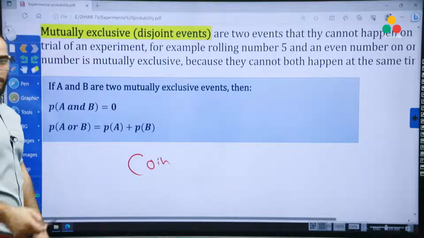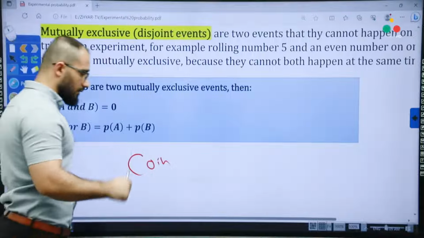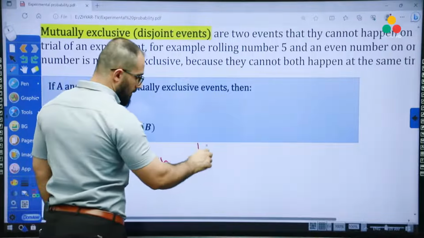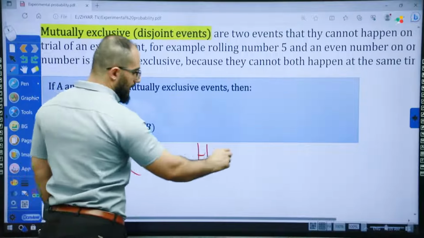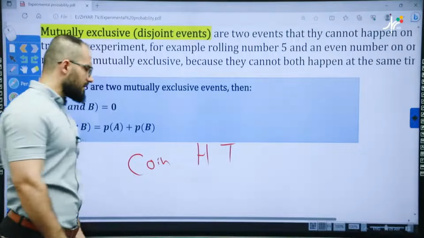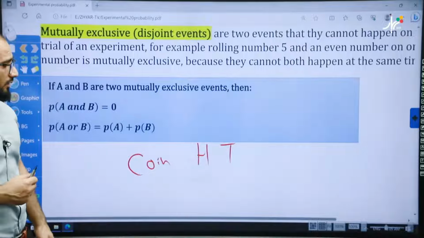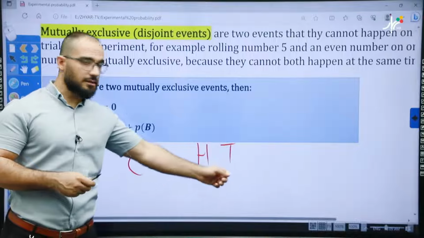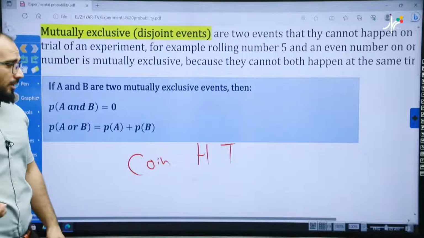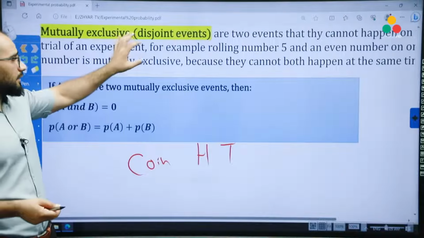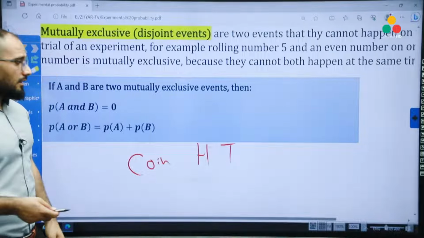You toss the coin, you throw it. Then we have head and tail. Can you say when you toss a coin, you can get head and tail at the same time? It's not possible. So we call them disjoint events.